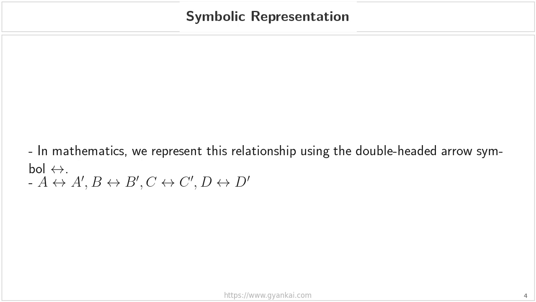So, looking at our example from the previous slide, we can write this out clearly. A corresponds to A', B corresponds to B', C corresponds to C', and D corresponds to D'. Using this notation allows us to precisely define which parts of our first polygon match up with the parts of our second polygon before we move on to the actual mathematical verification.